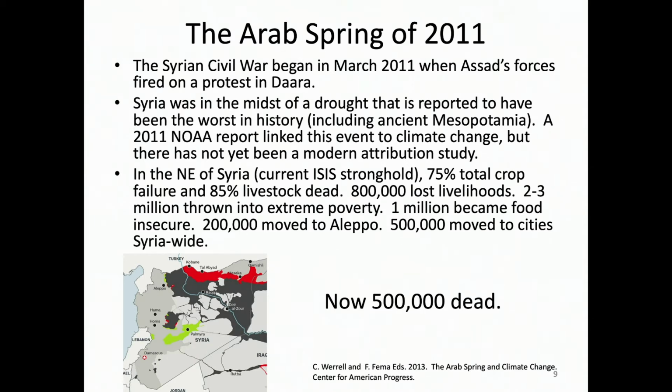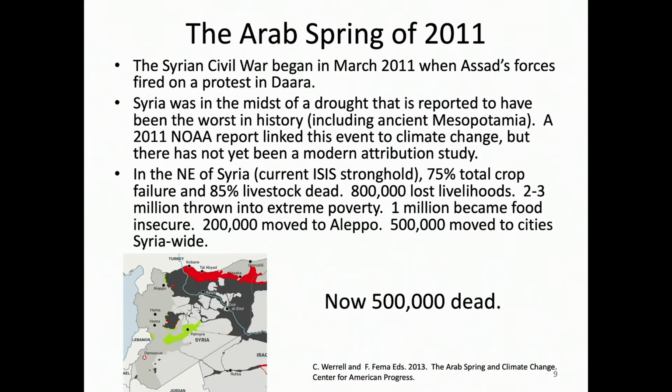The problem was that in northeast Syria, 75% of production of crops was eliminated, and 85% of livestock died. And so 800,000 people lost their livelihoods, and 2 to 3 million were thrown into extreme poverty. And so 1 million people in Syria all of a sudden became food insecure. Literally didn't have enough to eat.